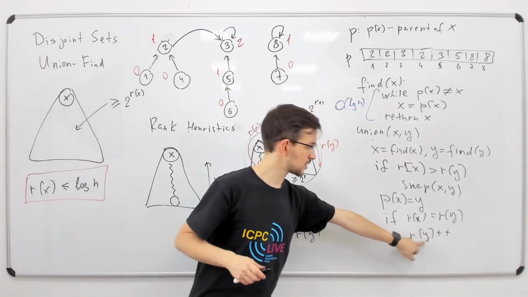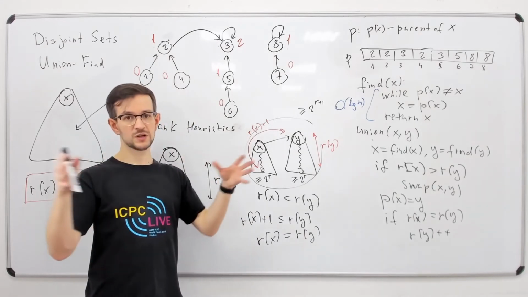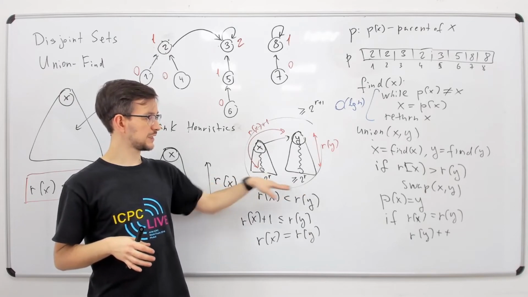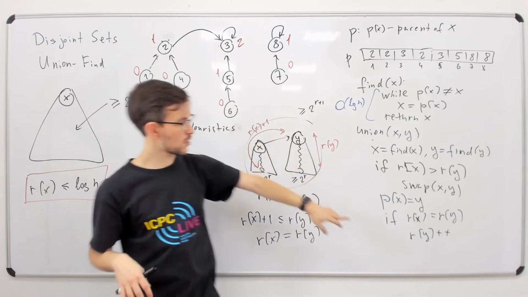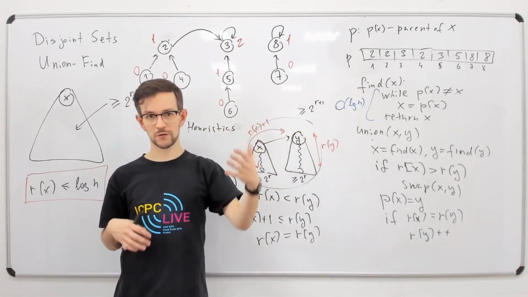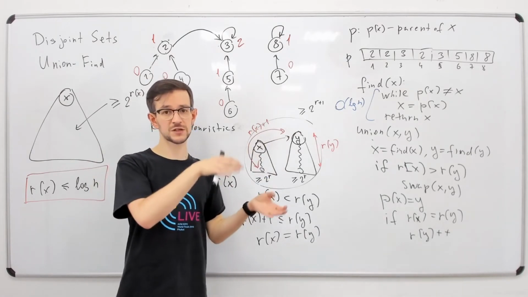And you increase the rank by 1. So if before this union you have 2 trees of size at least 2 to the power of r, then in the end you have a big tree of rank r plus 1, and the total number of elements is at least 2 to the power of r plus 1. So if the property is satisfied before the union, it is satisfied after the union.